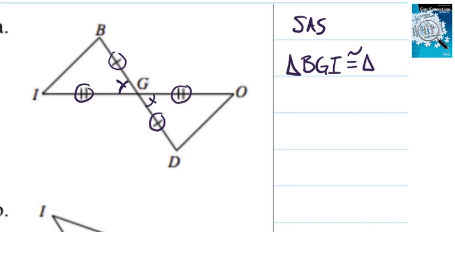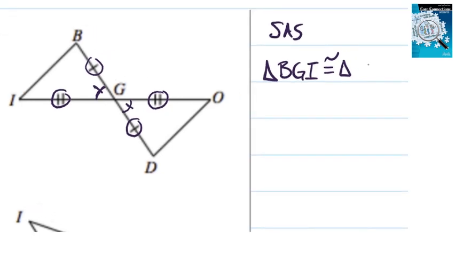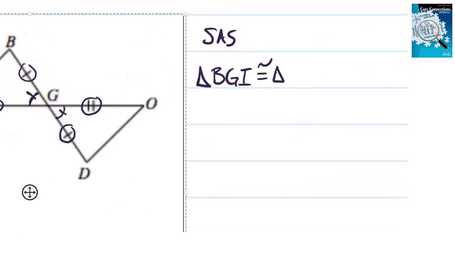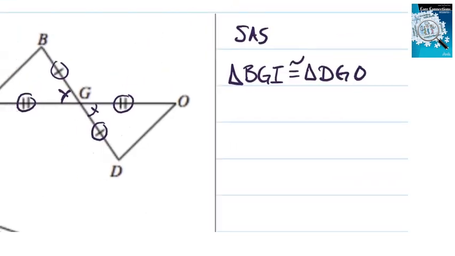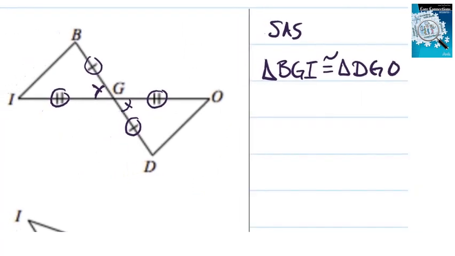It has to follow all the corresponding parts. So the G has to be in the middle because that's there. But the other parts would have to be first D, and then the G, and then the O. So that order matters because it's showing me the parts that line up.